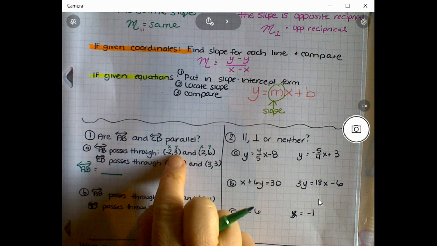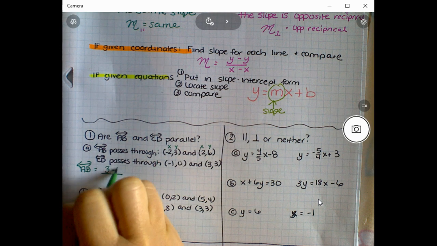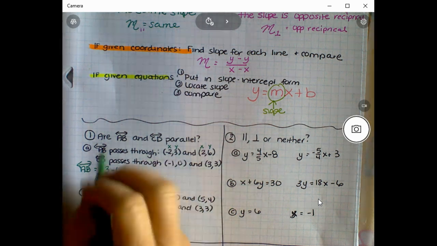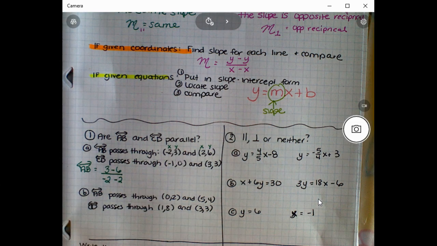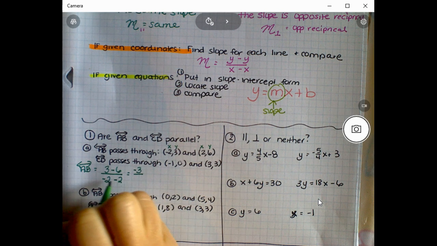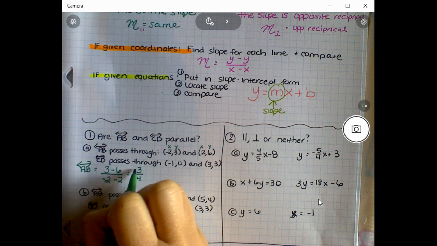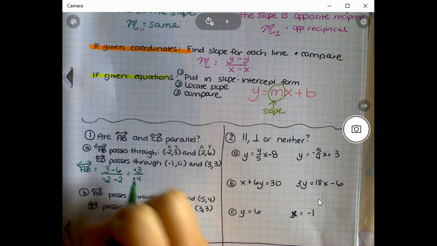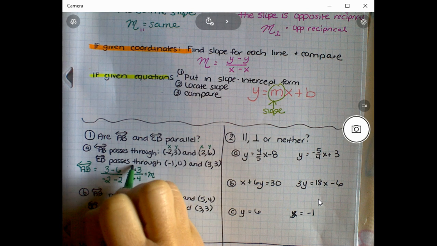So y minus y, 3 minus 6, over x, negative 2, minus x, 2. All right, simplify. 3 minus 6 is negative 3. Negative 2 minus 2 is negative 4. And when both are negative, that really means they're both positive. So the slope of AB is 3/4.